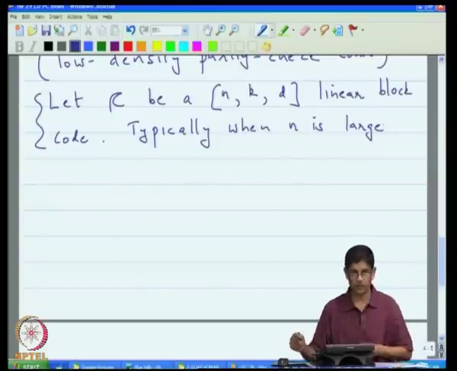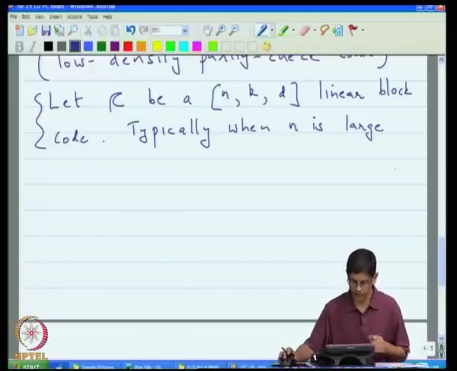and I have already explained to you why large block lengths are of interest when you want reliable communication.